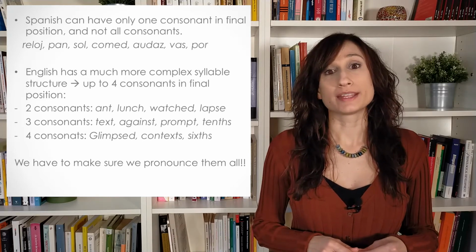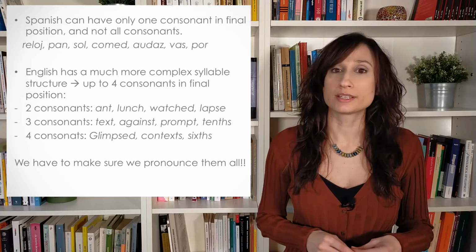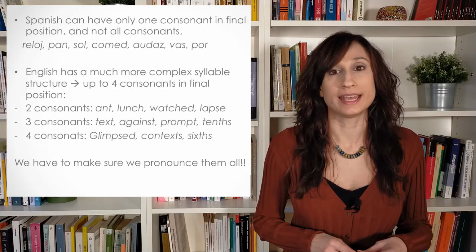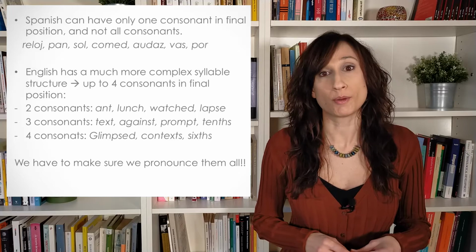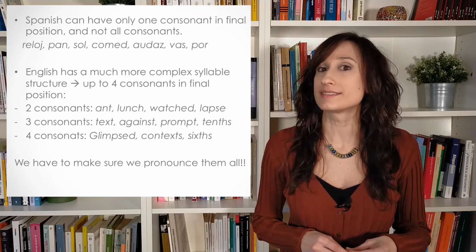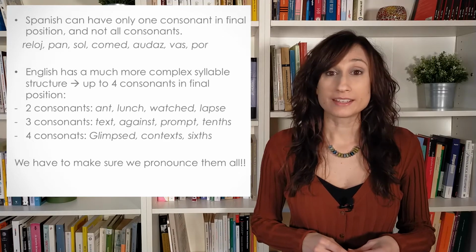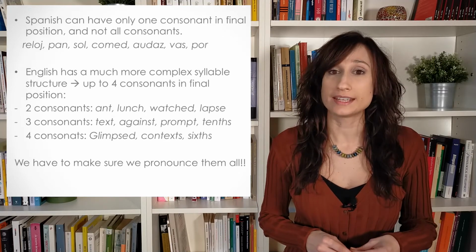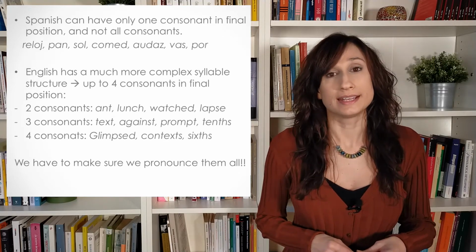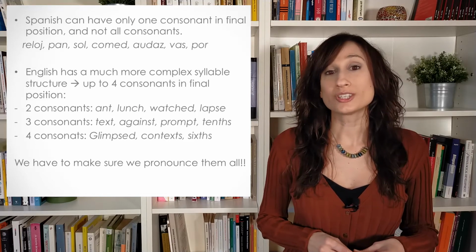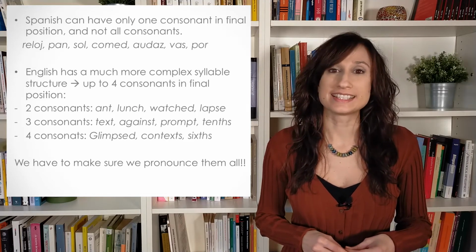Now you can have words that end in 3 consonants, as in, for example, text and against and prompt and tenths. So things are becoming quite tricky, aren't they? And finally, you have words that end in 4 consonants, as in glimpsed, contexts, and sixths.